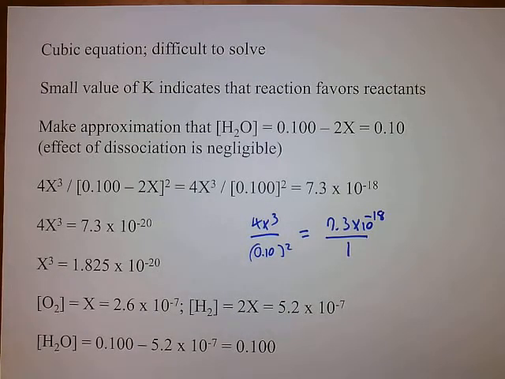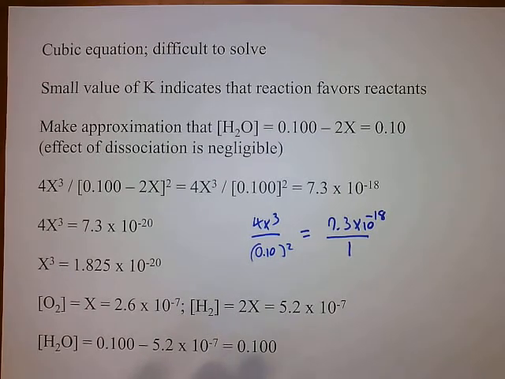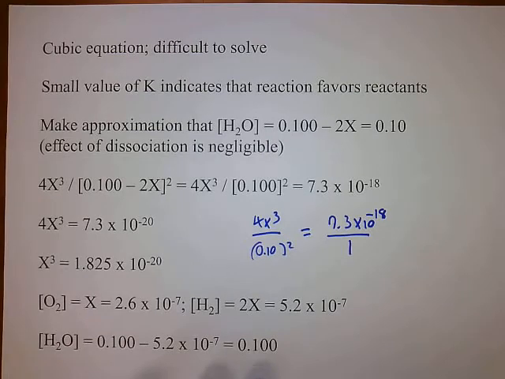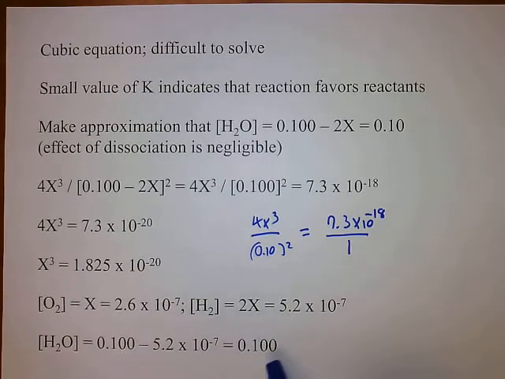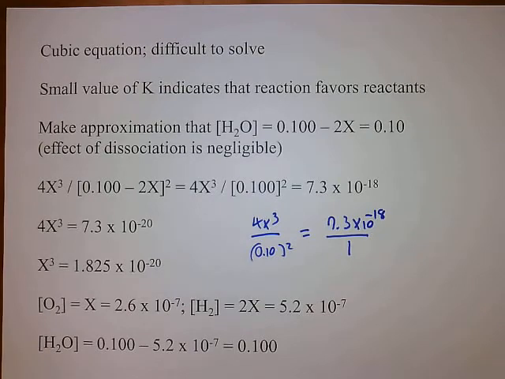And if we tried to subtract 5.2 times 10 to the minus 7th from 0.1, for all practical purposes, that's 0.1. This number is like 6 or 7 orders of magnitude smaller than this number. So it is, in fact, negligible.